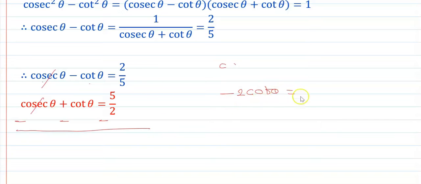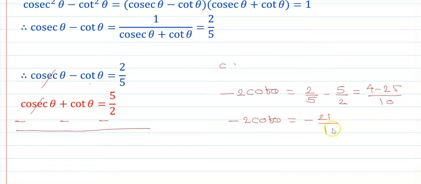Next, here is 2 by 5 minus 5 by 2. That is the cross multiplication: 2 into 2 is 4, 5 into 5 is 25. That is 4 minus 25 upon 10. Therefore, you will get minus 2 cot theta is equal to minus 21 upon 10.